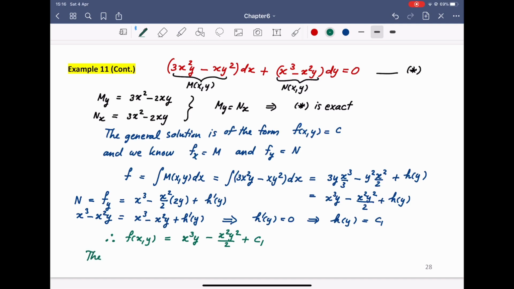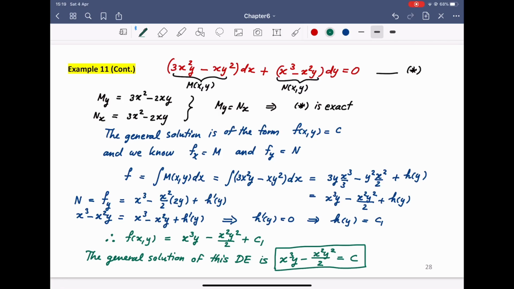So the general solution of this differential equation is x cubed y minus x squared y squared over 2 equal to c. This is the general solution for this question, because you can group the constant c1 with c, right? Because we have the general solution of this form.